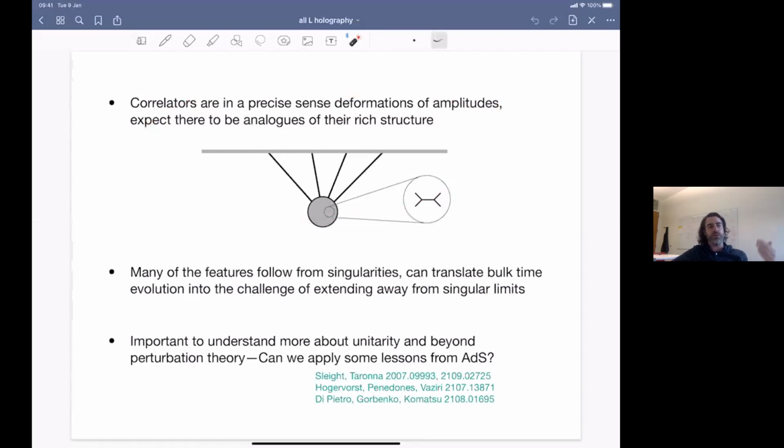If we really want to do that, we probably require some non-perturbative understanding of what holography means in de Sitter space. An open question is: can we apply some of the lessons that people have learned in AdS to make progress on non-perturbative holography in de Sitter space? I should mention there's been some recent work trying to take steps in this direction, so it would be interesting to talk about it more. But let me stop there, and I'm happy to take any questions.